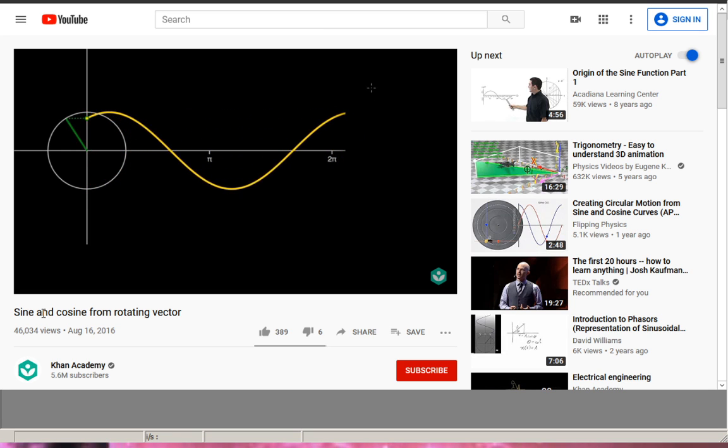So this yellow line here is a plot of sine of omega t. Now if I go to a projection, this projection was onto the y-axis, and I can do the same animation, but this time project onto the x-axis, and that'll produce for us a cosine wave. Let's see what that looks like.